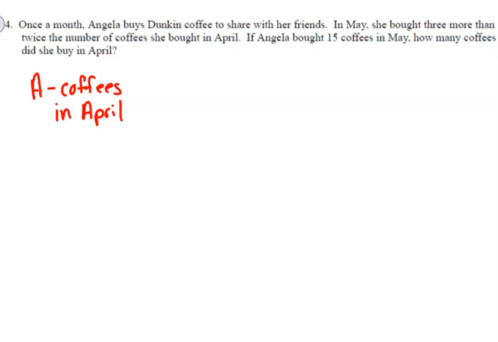Okay. So it said in May, she bought 3 more than twice the number. So this is actually similar to the questions from yesterday. This is going to translate. 3 more means I need to add 3, twice the number of coffees she bought in April.